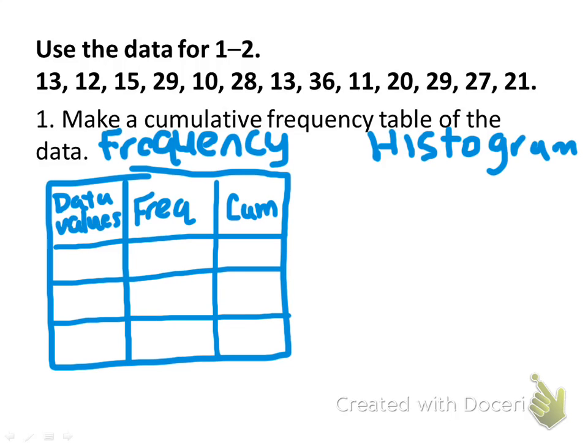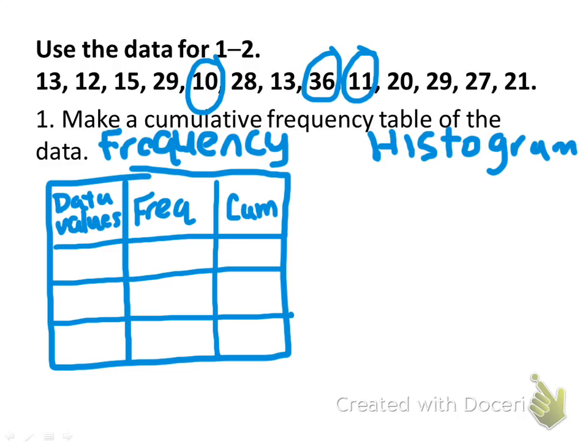So looking at my numbers, 10 is the lowest number, and the highest number we have is 36. So we're going to do by tens.